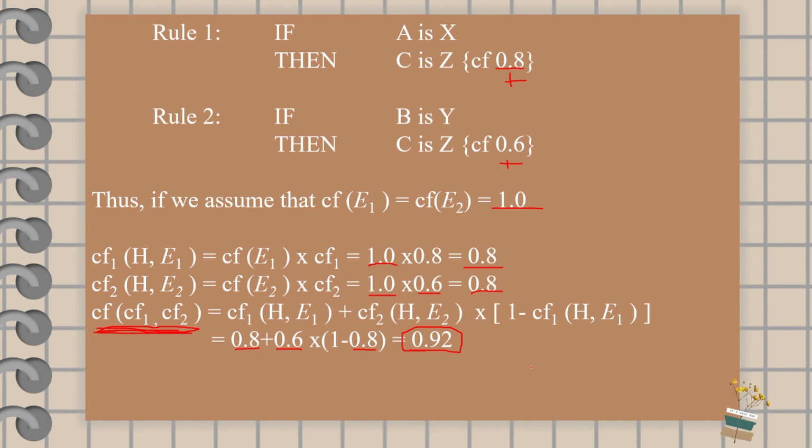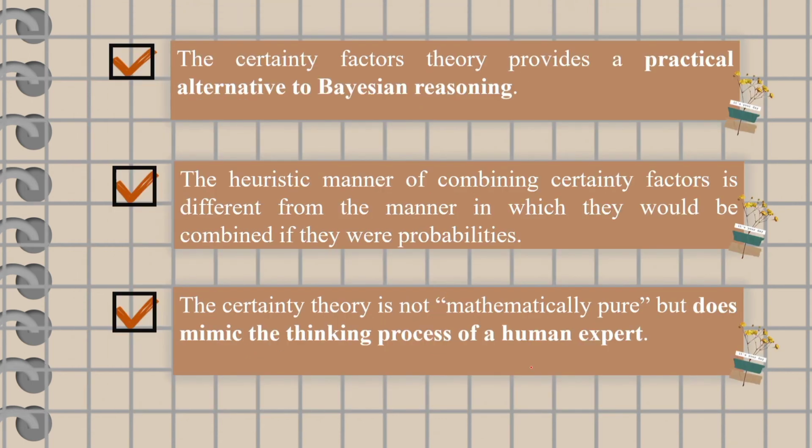Next, the certainty factors theory provides a practical alternative to Bayesian reasoning. The heuristic manner of combining certainty factors is different from the manner in which they would be combined if they were probabilities. The certainty theory is not mathematically pure but does mimic the thinking process of a human expert.